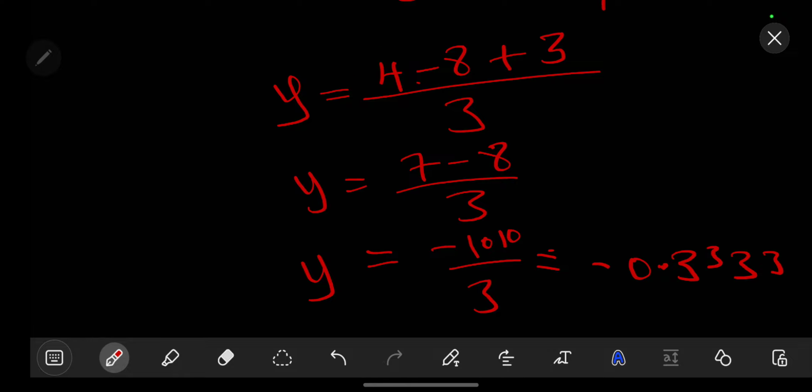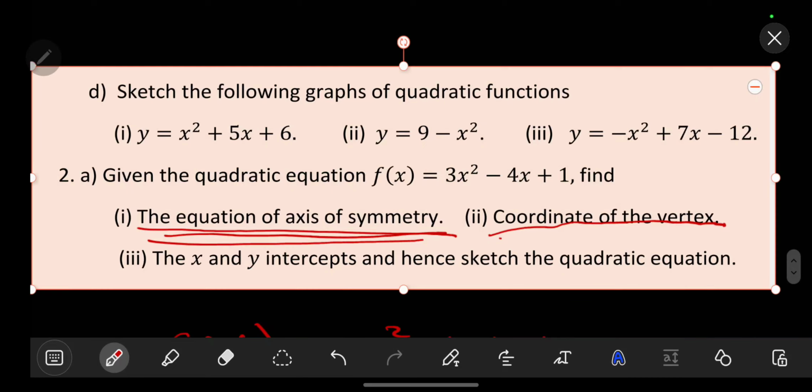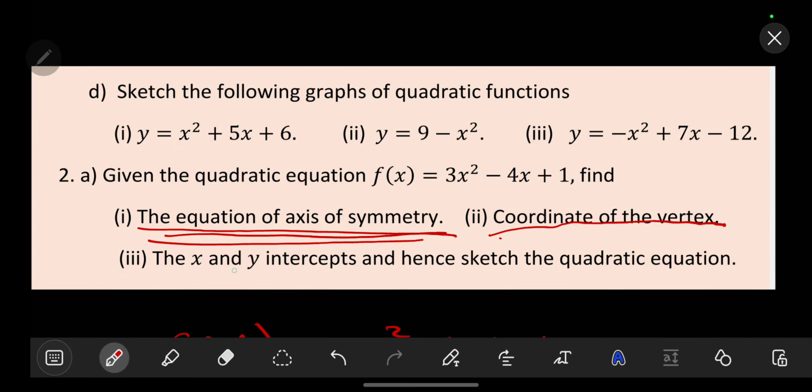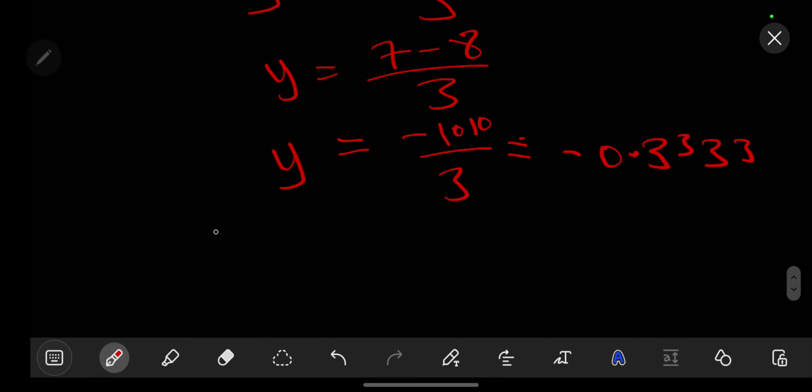Now we have found the second part of the question. All we have to do is first let's label them. The vertex coordinates, they want the x and the y values.